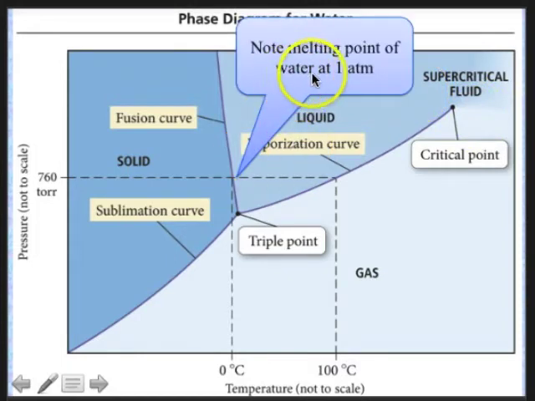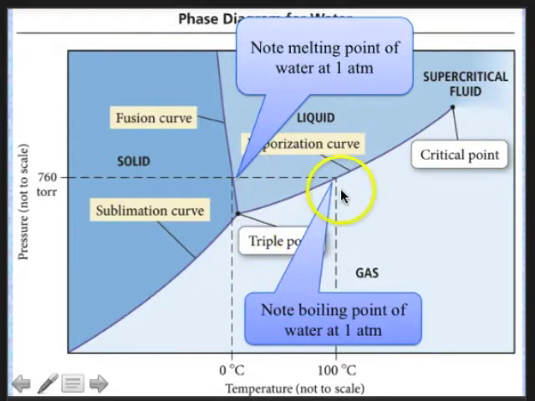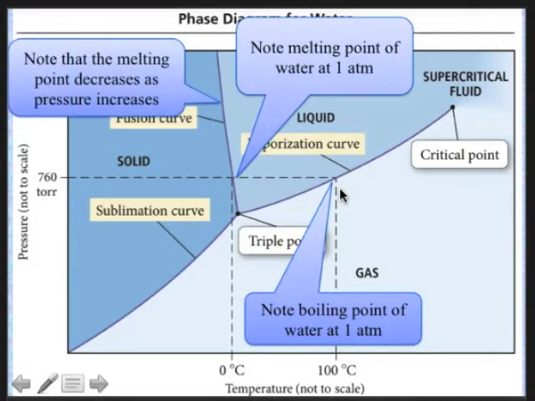So, as I said, note the melting point at 1 atmosphere, note the boiling point at 1 atmosphere, and in water, note the slope of this line, the boundary between solid and liquid, is a negative slope. That means that under higher pressure, the freezing point becomes lower, not higher.